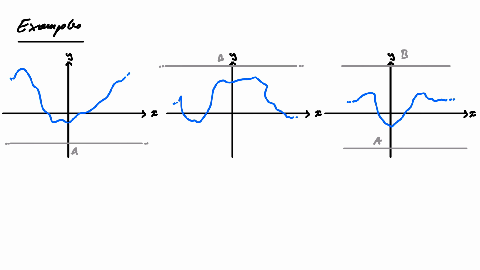So this is me drawing the graphs and observing that there are horizontal lines which the graph doesn't cross over at any point, and I'm assuming that's true in both directions infinitely on the entire domain. Let's make these more precise. Definition.